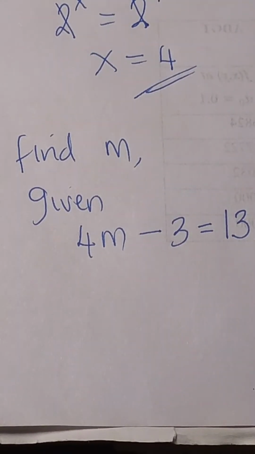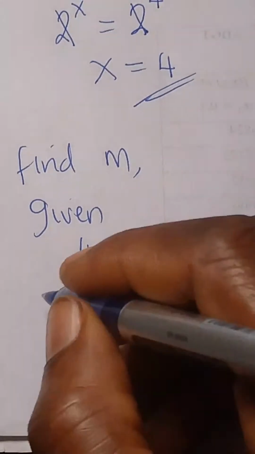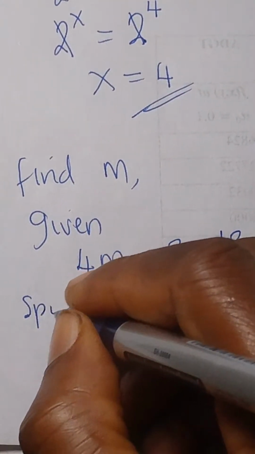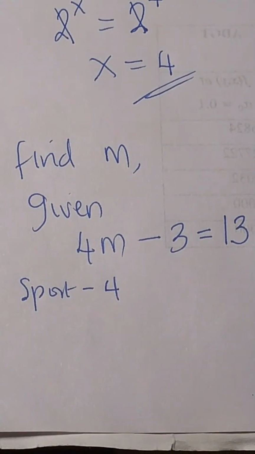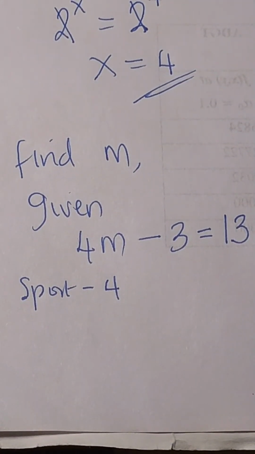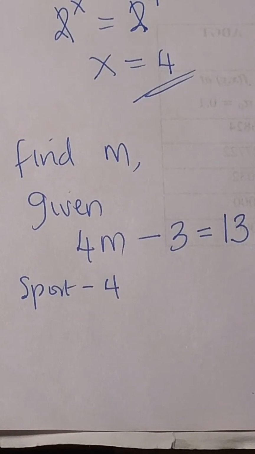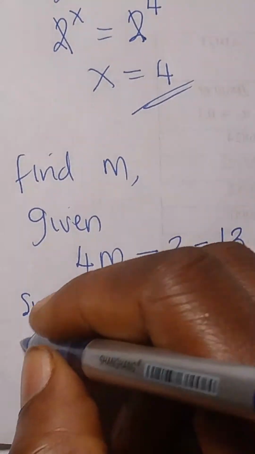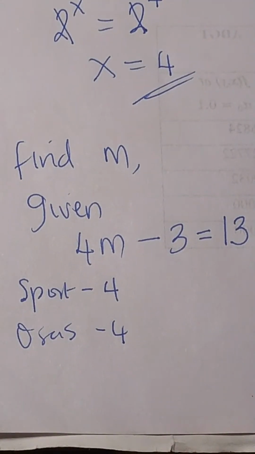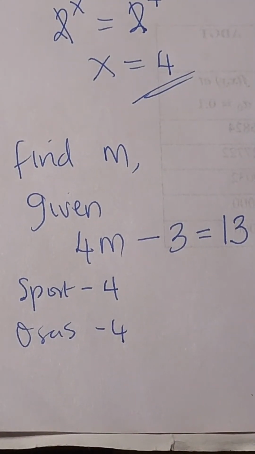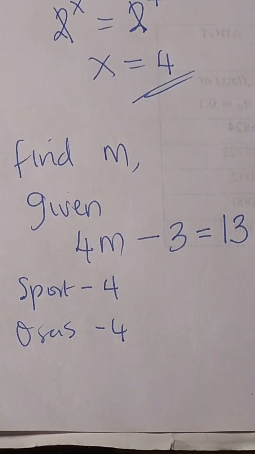M is equal to what? M is 4. Mostly sports says 4. M is 4. More answers, please. Osas 4. More answers.